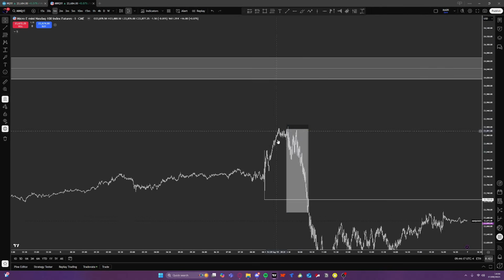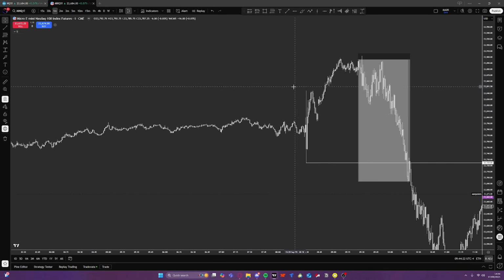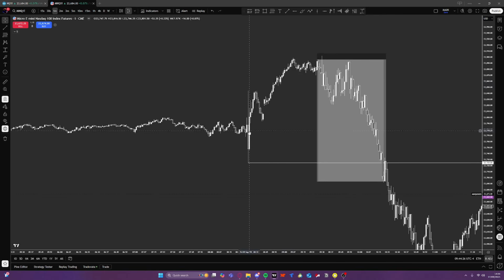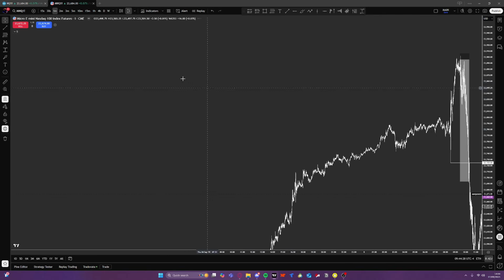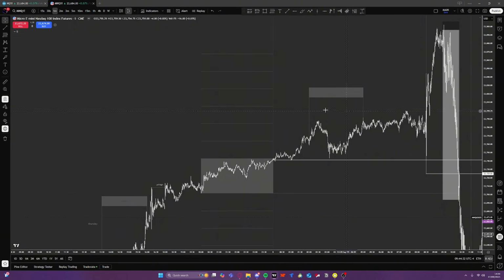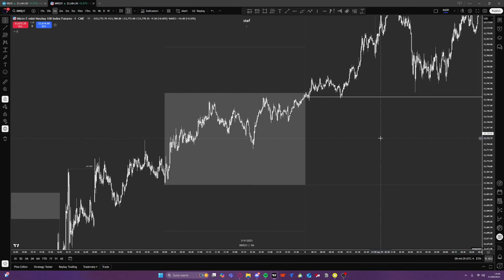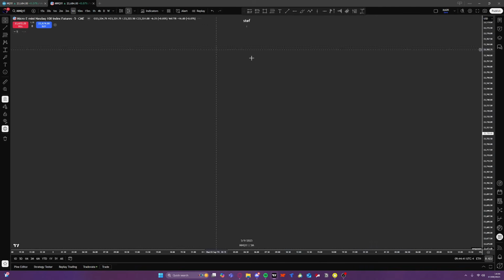If we just look, for example, this is a trade I took Friday. So we had NFP here. Let's go on the 5 minute.